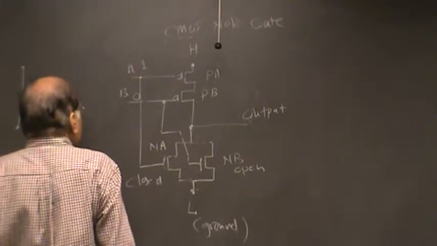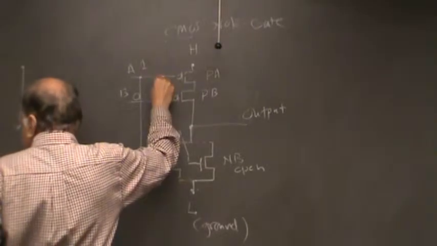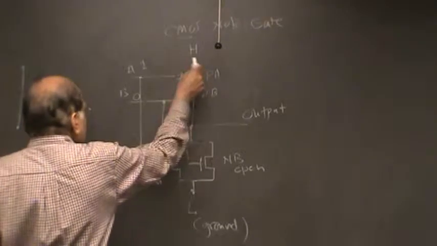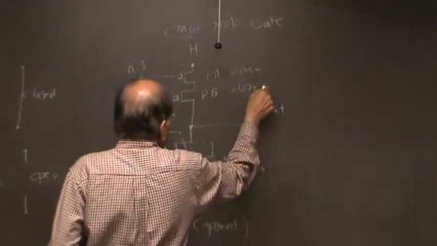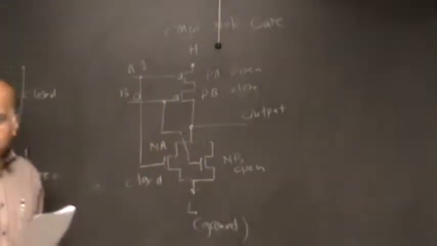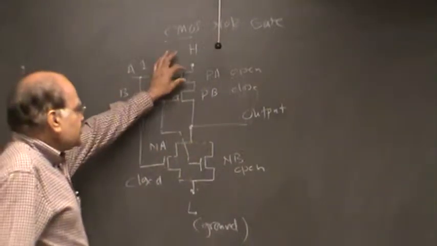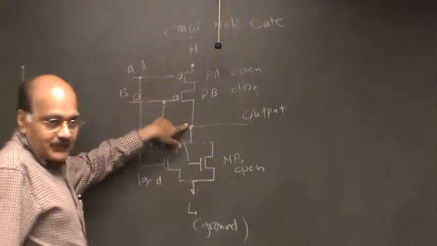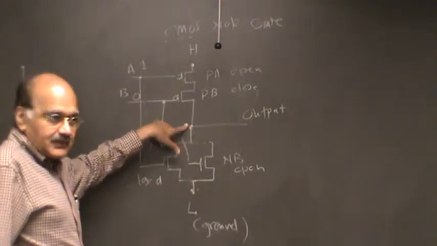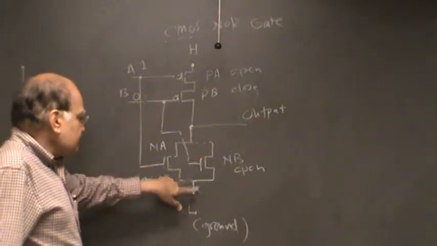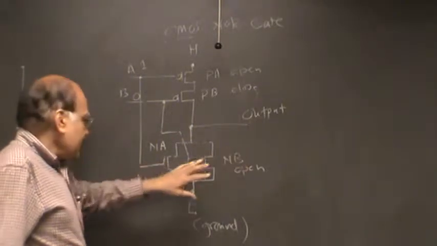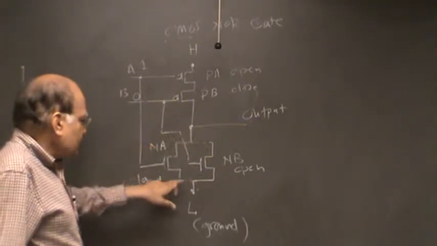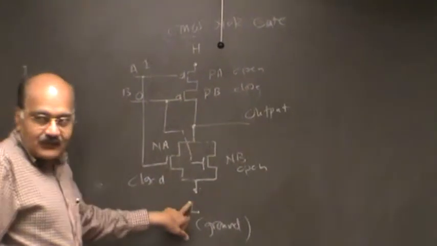So we have PA, this is connected to a 1, so this is open, and this is closed, right? Notice that since this is open, there's no path between here and here. And here, since this is open, output does not depend on this. And output will depend on whether this is working correctly or not.